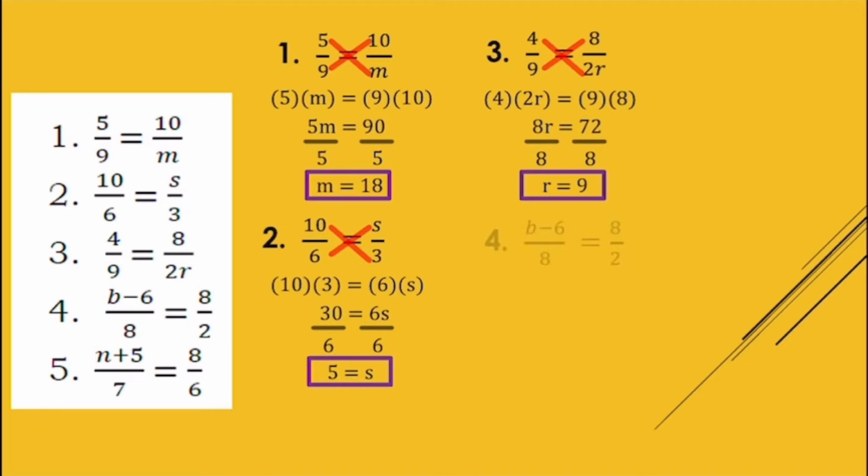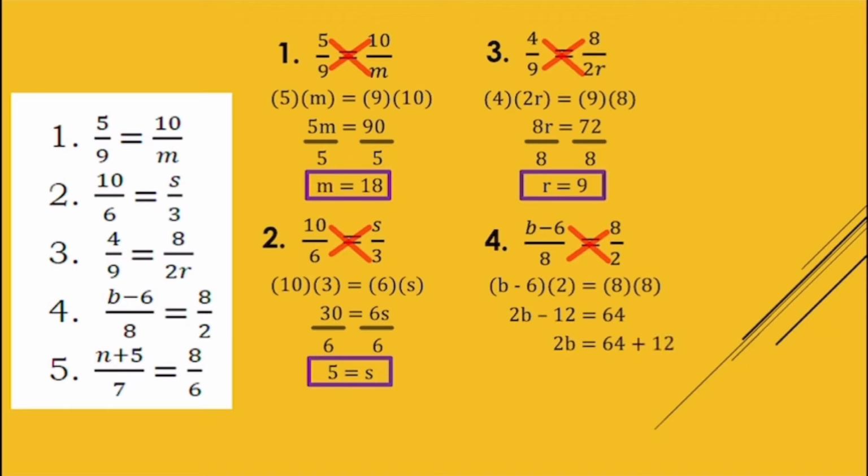Next, for number 4, we have b minus 6 over 8 is equal to 8 over 2. Let's multiply b minus 6 times 2 and 8 times 8. So b minus 6 times 2, we have now 2b minus 12, and 8 times 8 is equal to 64. And after this, combine similar terms. So we're going to transpose negative 12 to the right side, and it will become positive 12.